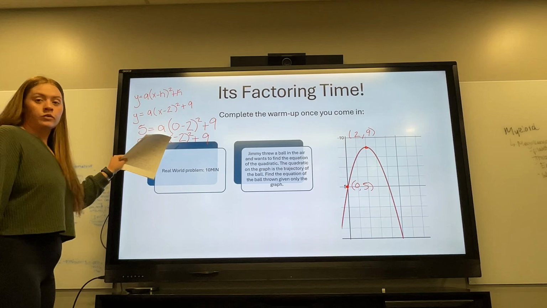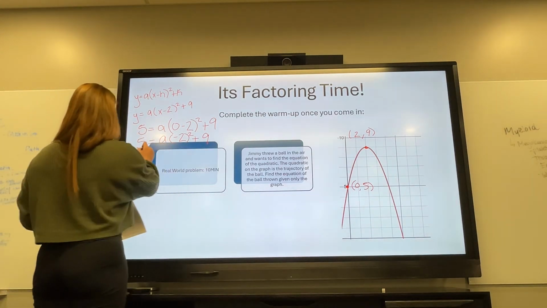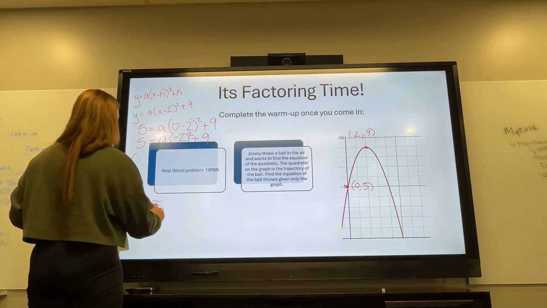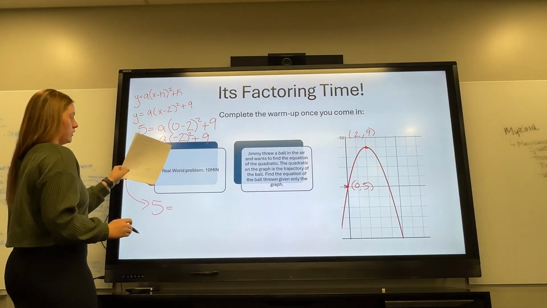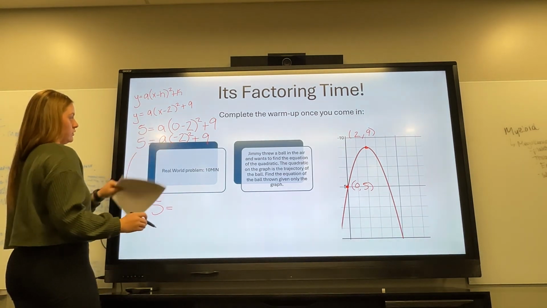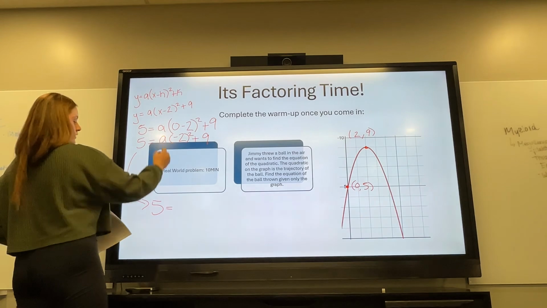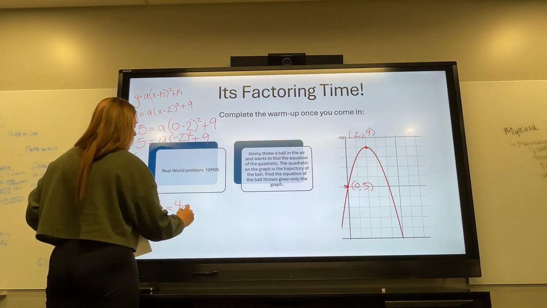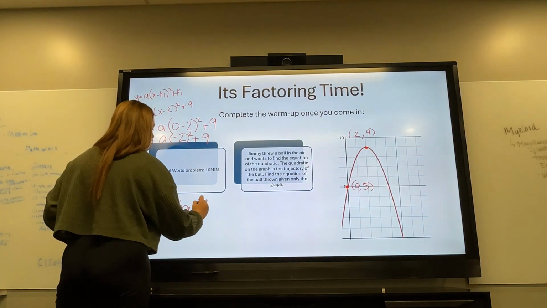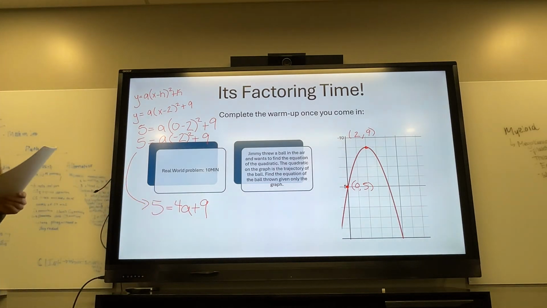So negative 2 squared is 4. I'm just going to bring this down here. So we have 5 equals, so negative 2 times negative 2 is 4, and then we're multiplying that to our a value. So it's going to be 4a, and then plus 9. Okay.